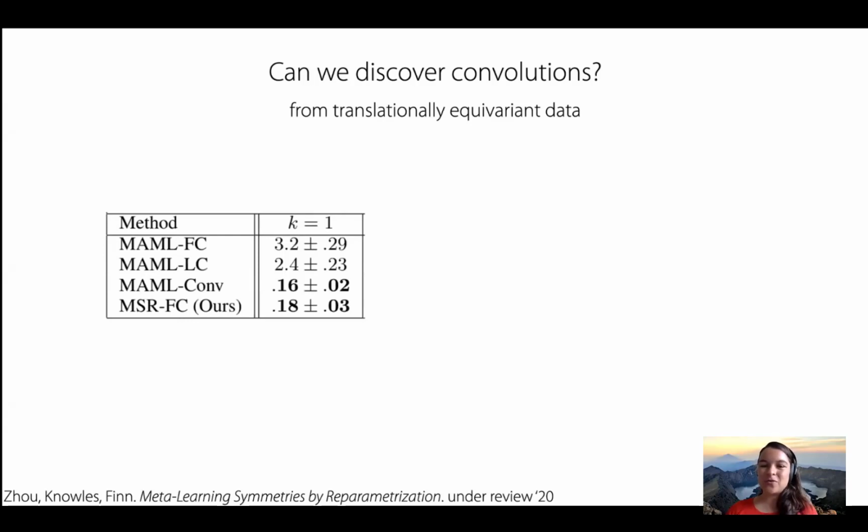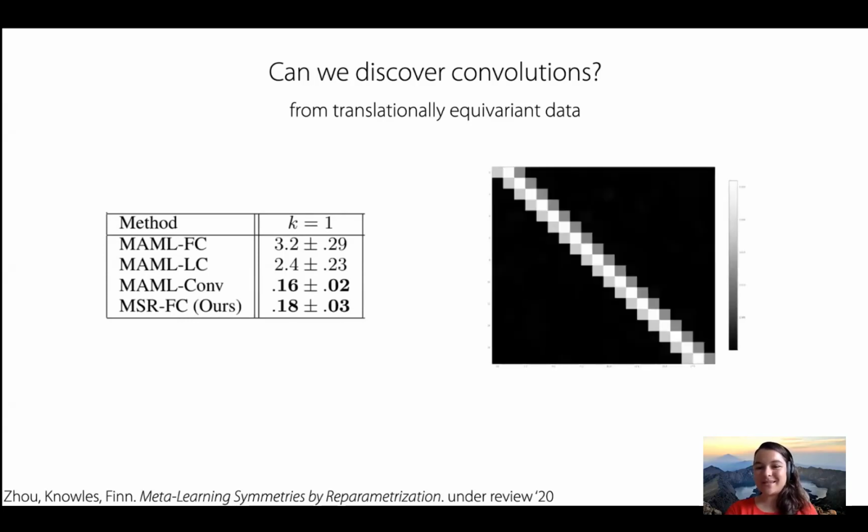Further, we can visualize the matrices that it learns, and it learns something that exactly looks like the matrix that I showed earlier with translational equivariance, with the weights copied over the matrix. Okay, so this is the first question we asked.